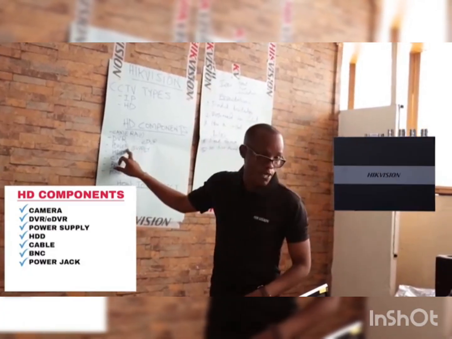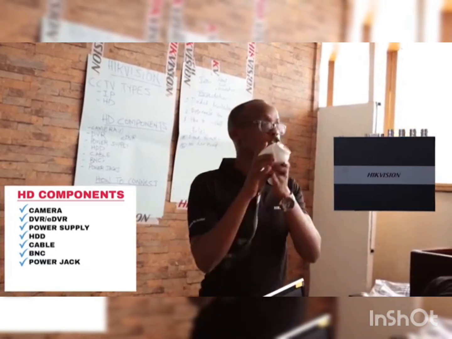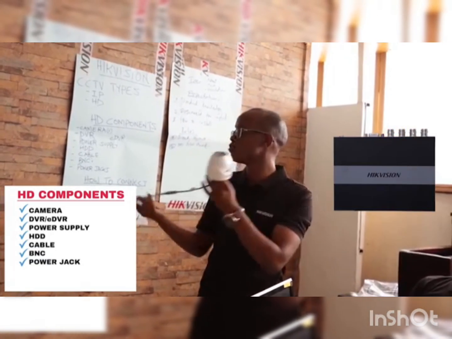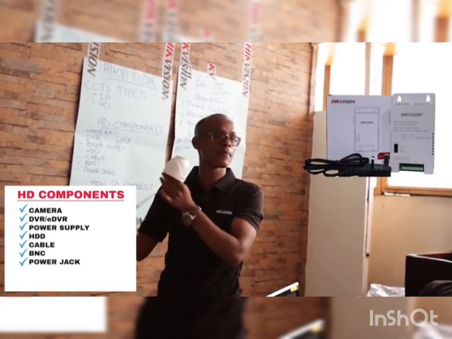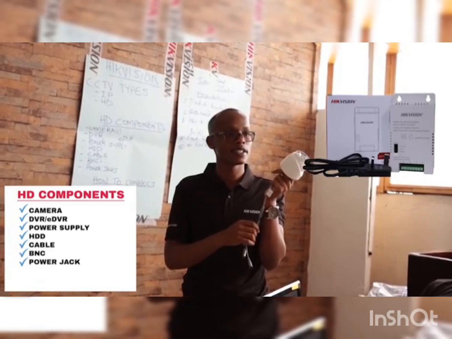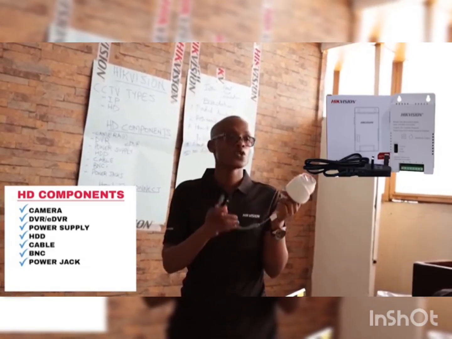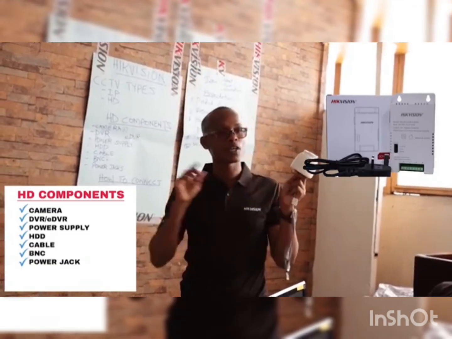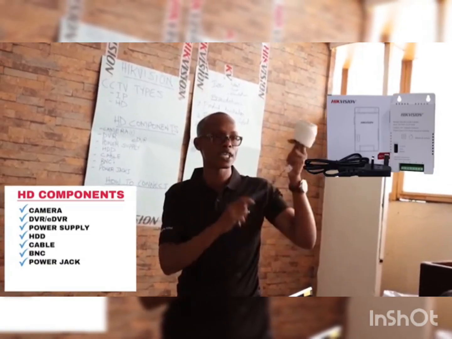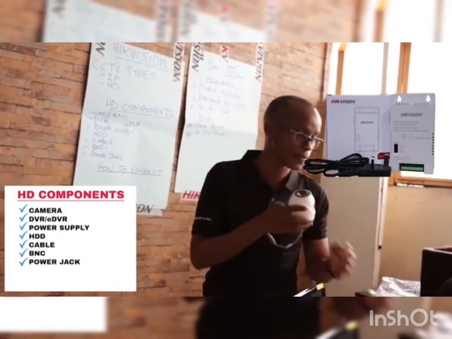The next item is the power supply. This camera does not use electricity directly. You don't connect it to the extension or the power directly. The power it uses is direct current. The electricity is alternating current, for those who understand electricity. So it needs something that will come from the electricity and step down the power so that it gets enough power and you don't spoil the camera.